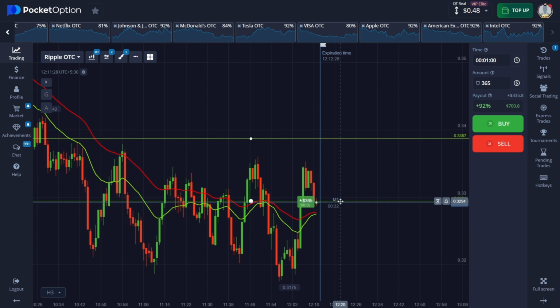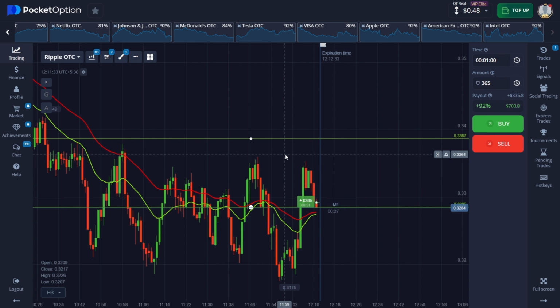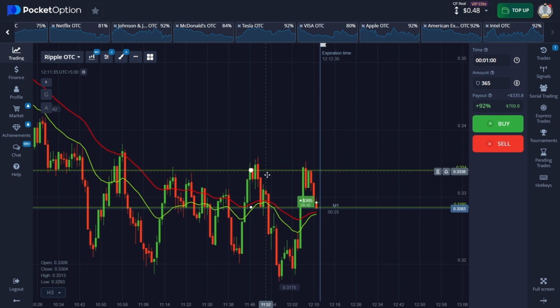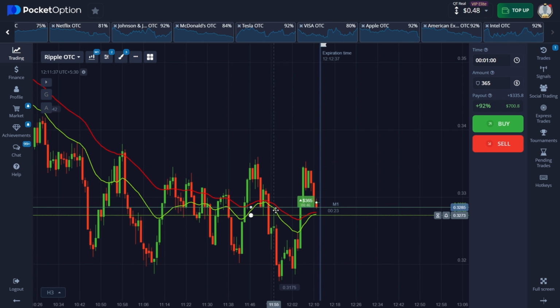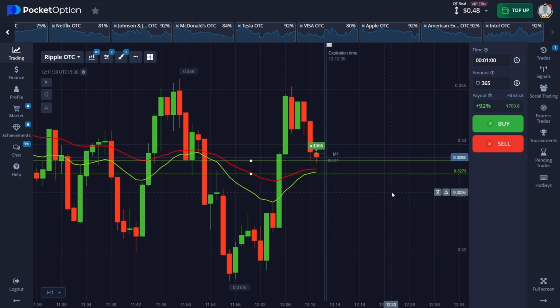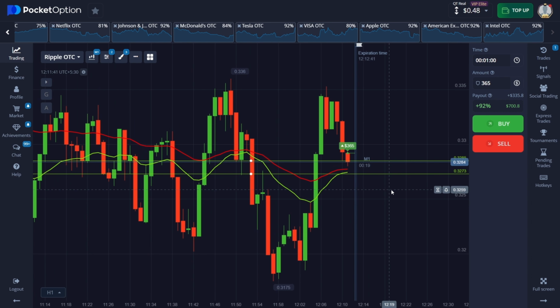As you can see, there was a support level and the EMA 50 was there, which is why I took this trade for the upside. The previous red candle was taking support from the support level or near the EMA 50. Currently, the trade isn't going in our favor.